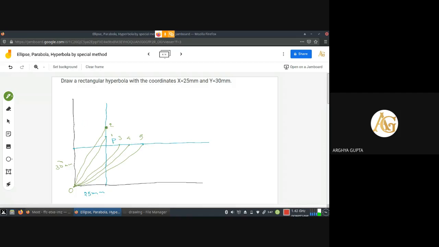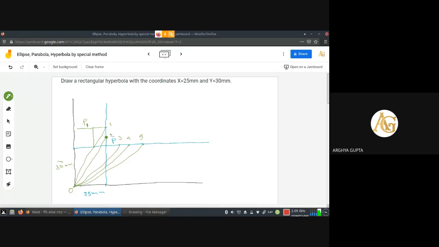Now from point 2, draw a horizontal line, and where 2O intersects this line, draw a vertical line from here. Let us say this point is 1, this point is 2, and that point will be P2.